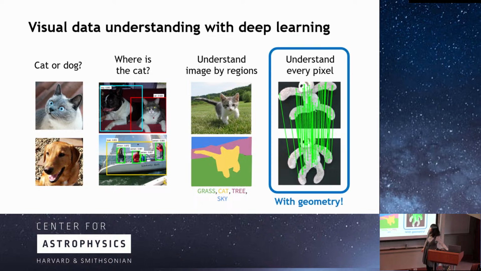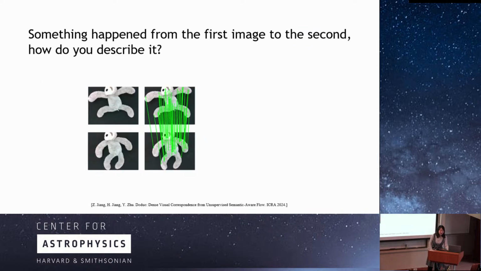What we've been trying to do is tackle the most fine-grained problem, and moreover, incorporate geometric understanding into this problem. Going back to the problem itself, you have these two images on the left. Something happened from the first one to the second one, and you want your neural network to tell you what is happening.